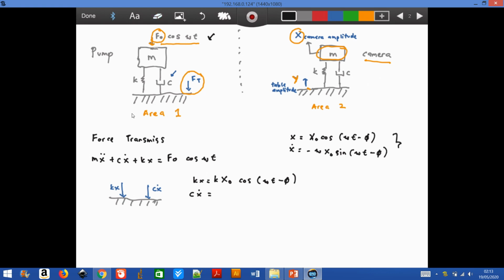If I put this general equation into the governing equation, what I will get is that the reaction due to the spring will be this, and the reaction force due to the damper will become minus c omega xo sine(omega t minus phi).